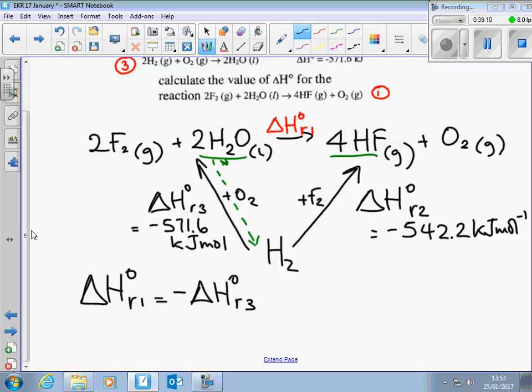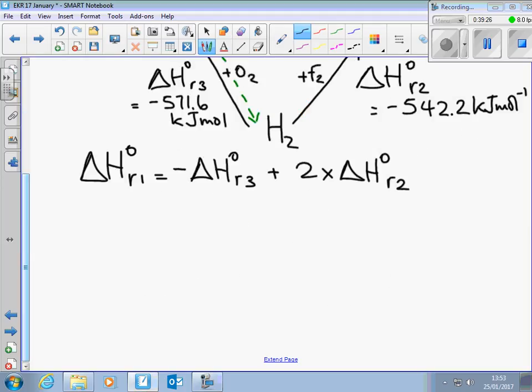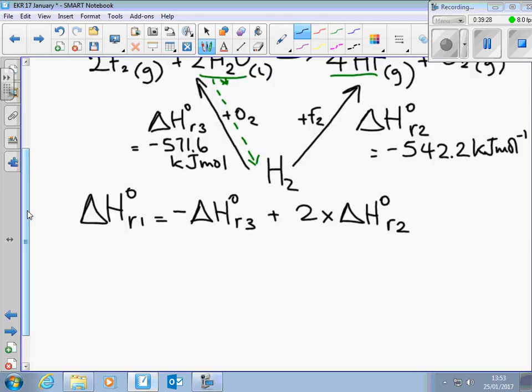But then, yeah, we're going to need 2 lots of, so 2 of those. So our overall change will be minus this number here, 571.6, plus 2 lots of minus 542.2.